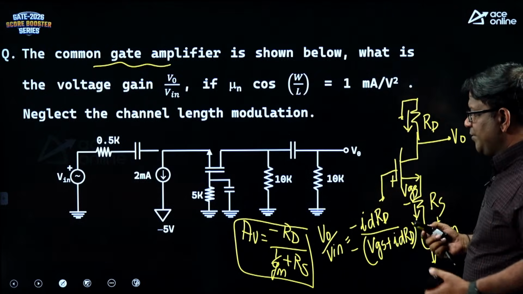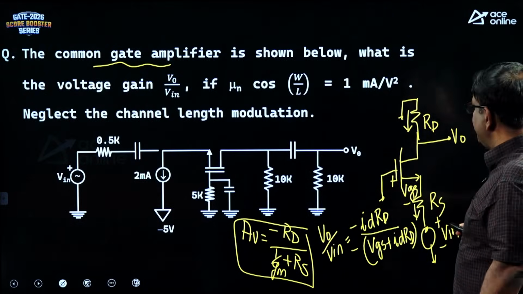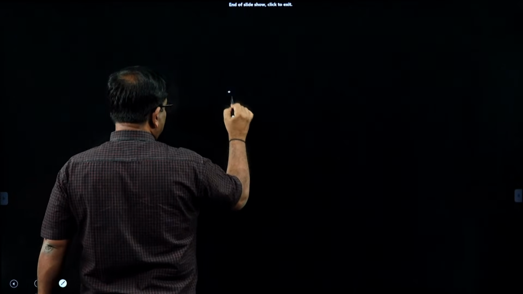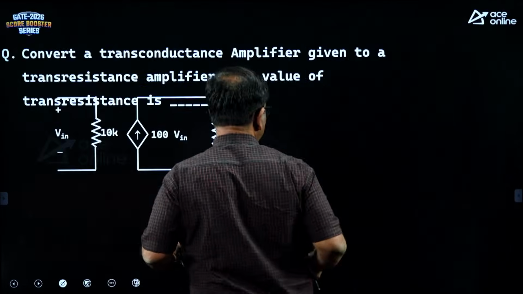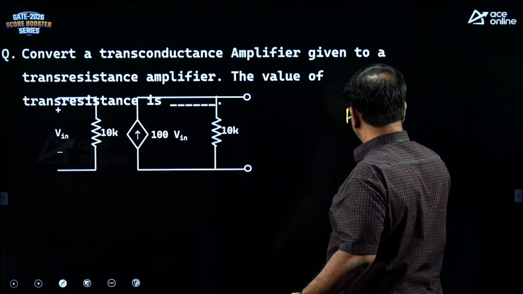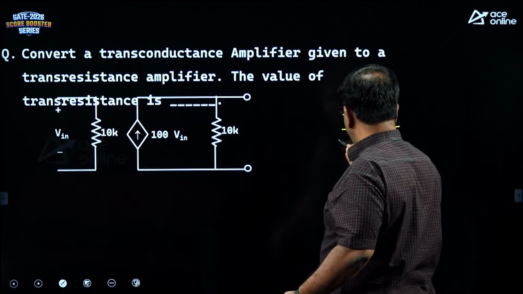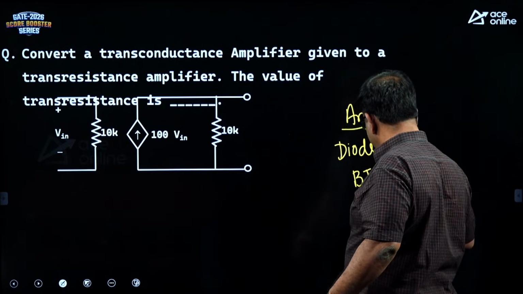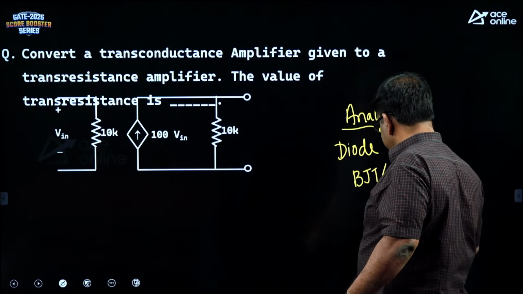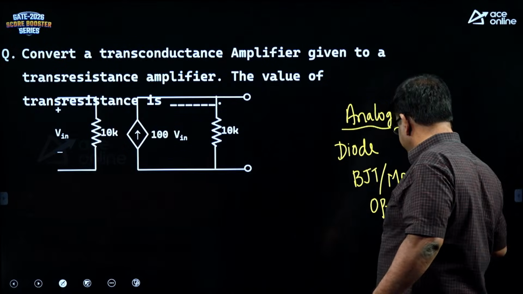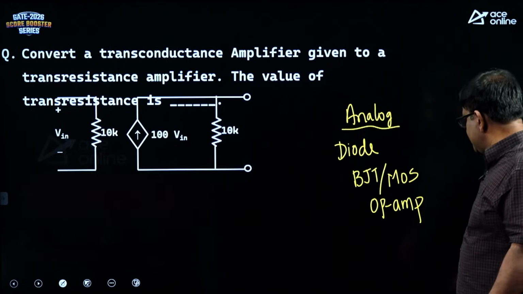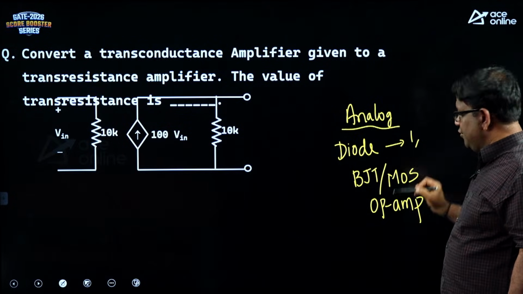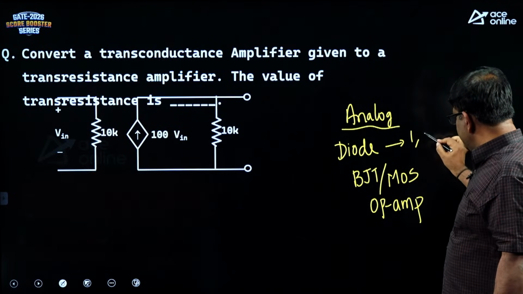Like somebody was asking me, what are the topics? Please see here, analog comes with 3 topics usually, analog circuits. So, we have diodes, BJT and MOSFET and op amp, that is all. So, these are the 3 topics. Now, which one a student has to focus? One question will come on diodes with resistors and diodes with capacitors.